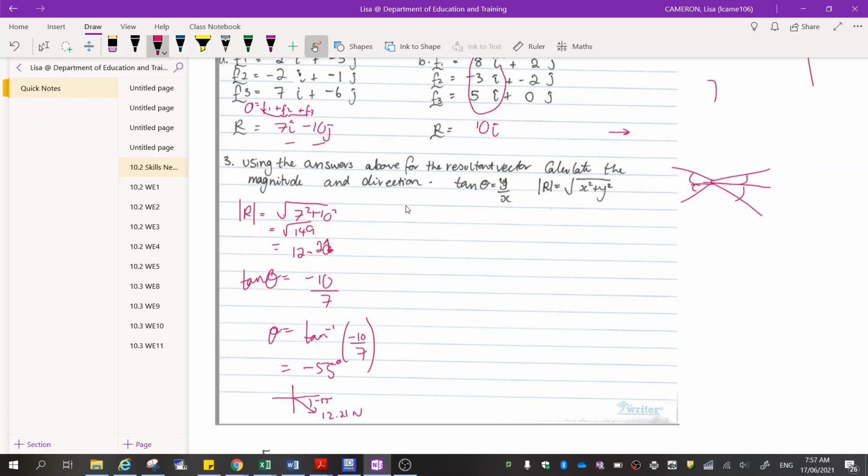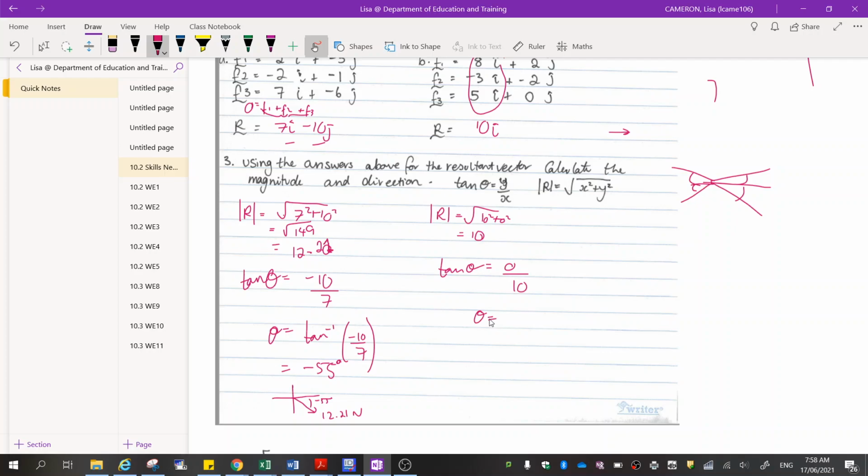Okay, now let's do the same for the second example. Now in the second one, we only have an I component. So when we work out the magnitude, the square root of 10 squared plus 0 squared is going to give me 10. And when we work out the angle, tan theta equals 0 over 10.